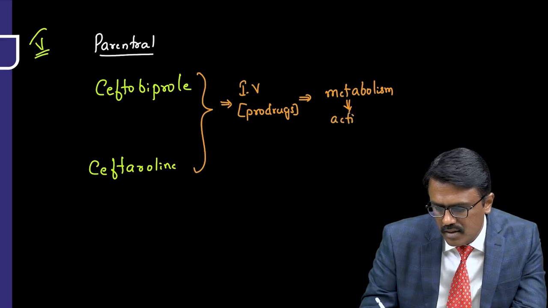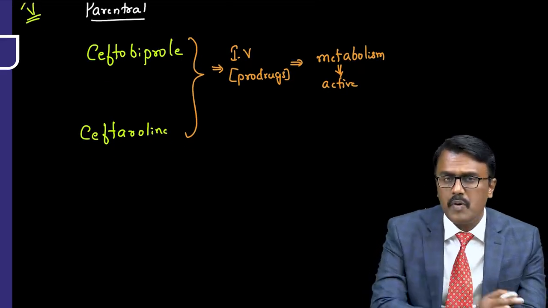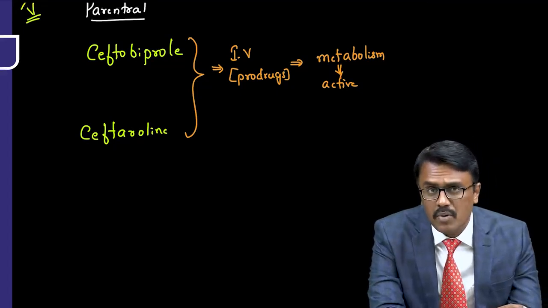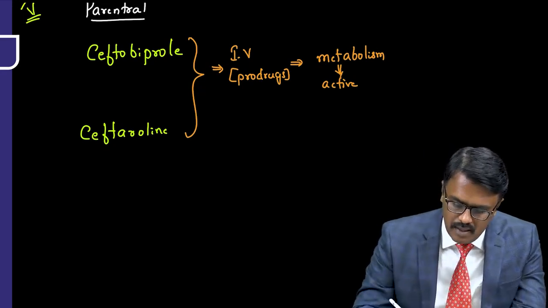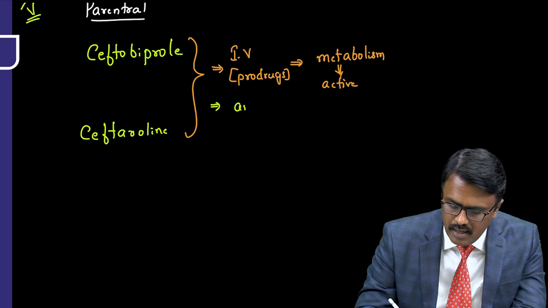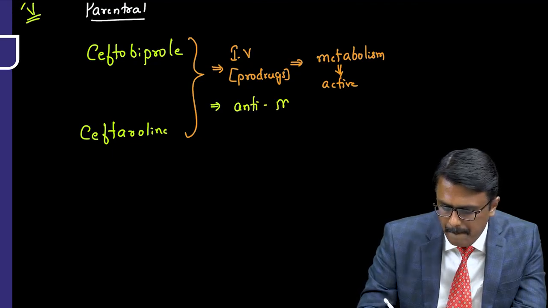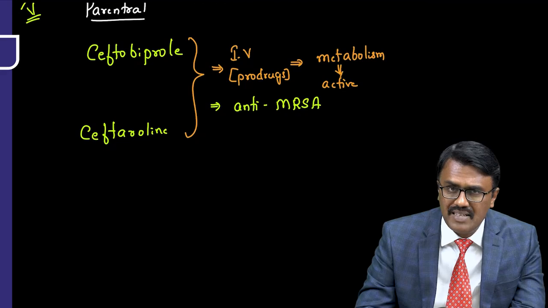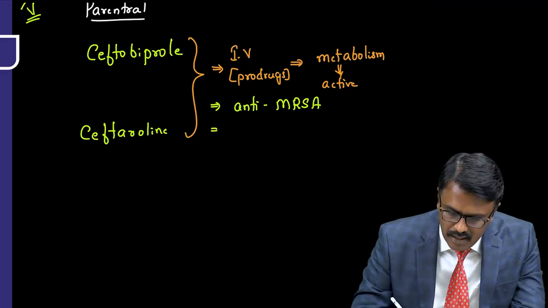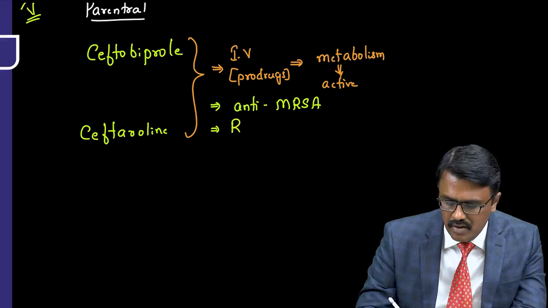Ceftobiprole and ceftaroline are prodrugs. When we give IV, they become metabolized and then become active, and they have anti-MRSA property. The only beta-lactams which have anti-MRSA property are these drugs, and they are given in resistant gram-negative infections.